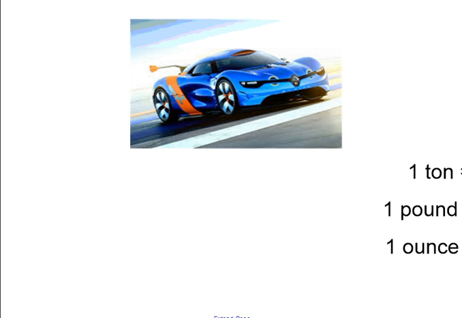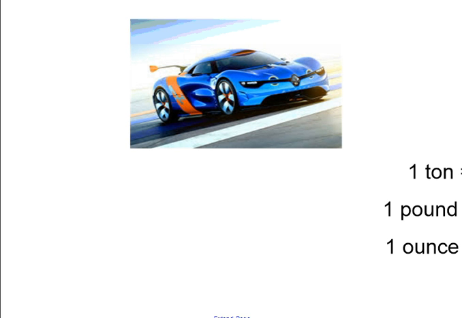Now, we can also talk about this idea. If I were to ask you to measure a car, you probably wouldn't spend a lot of time figuring out, well, how many milligrams or how many grams can be found in that, because a car weighs a ton.